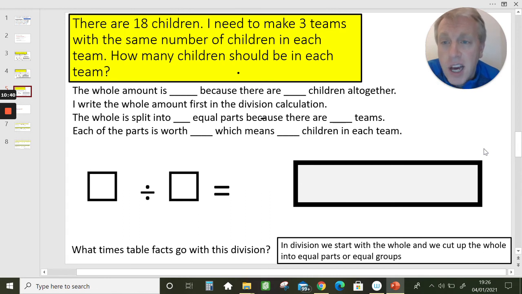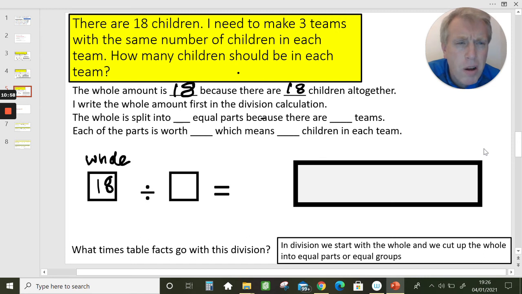Okay, let's go. The whole amount is 18 because there are 18 children altogether. And I write the whole amount first, don't I? My whole is 18. The whole amount is split into how many equal parts? Well, there are 3 teams. Look, I'm going to split my whole up into 3 parts.